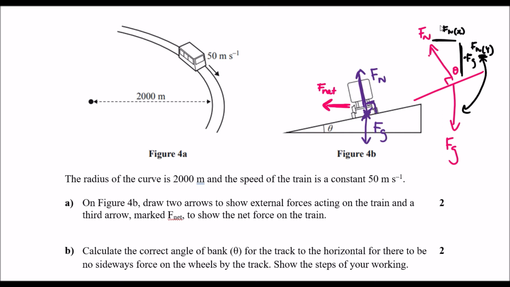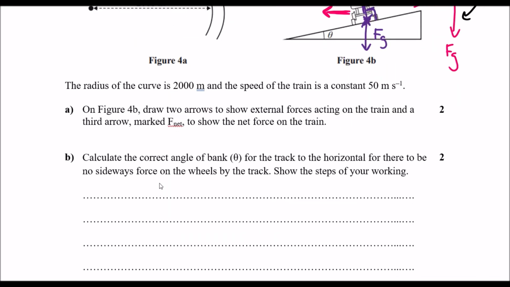However, the horizontal component has nothing to interact with, and therefore this is the reason why there is centripetal force or net force as the object is going in circular motion around a banked road. So let's write that down.